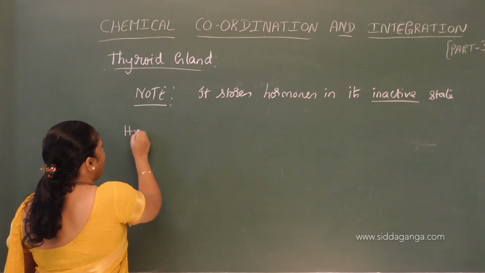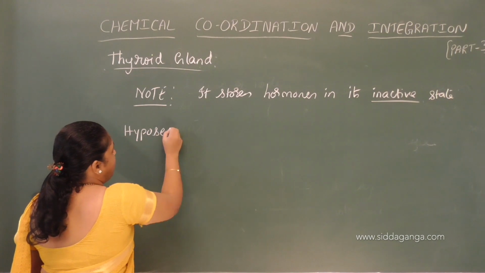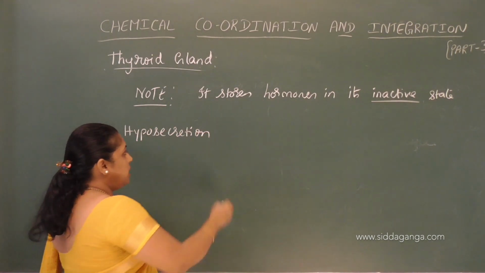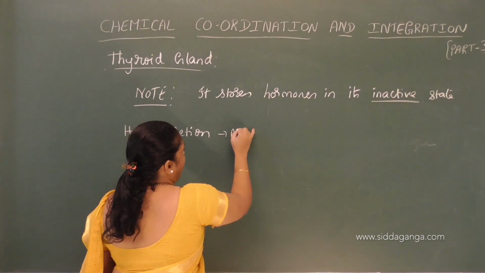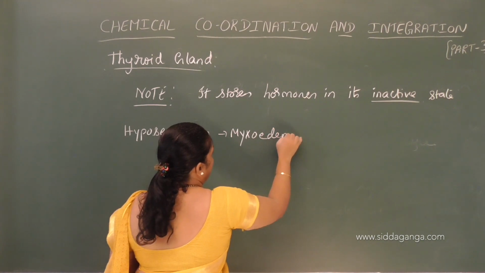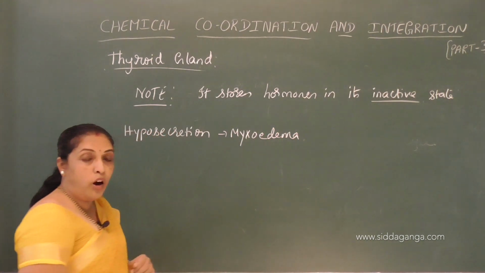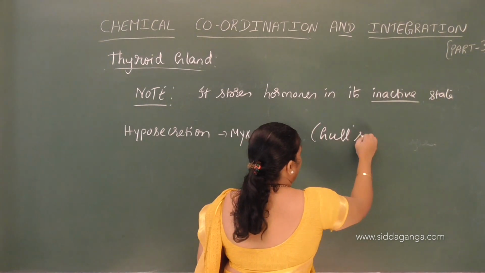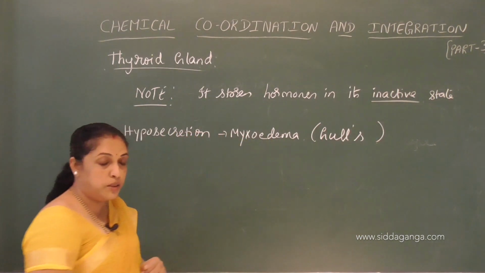And hypersecretion causes a disease called myxedema or it's also called Gull's disease.